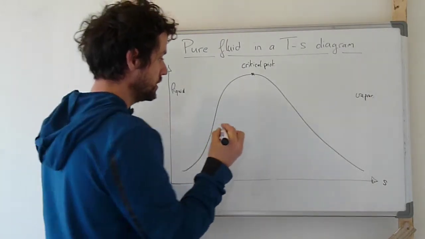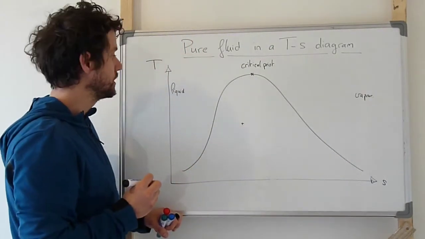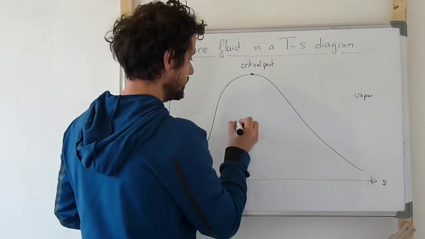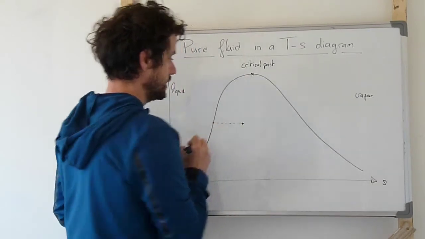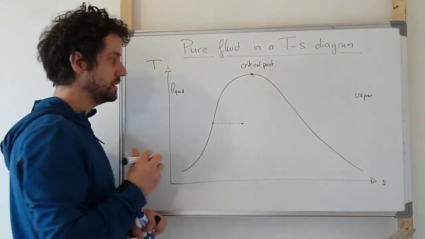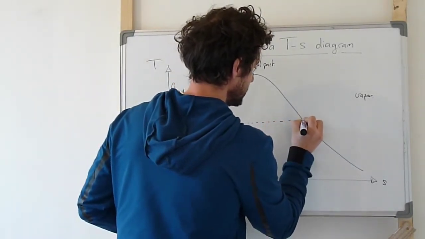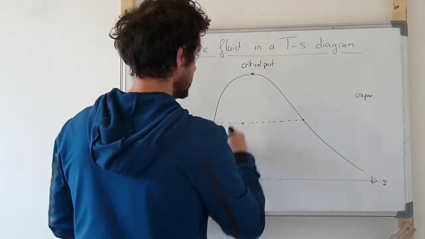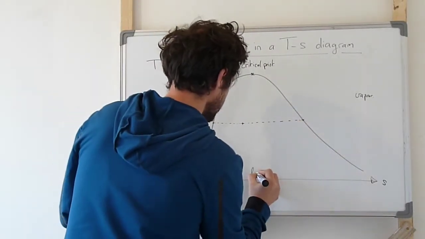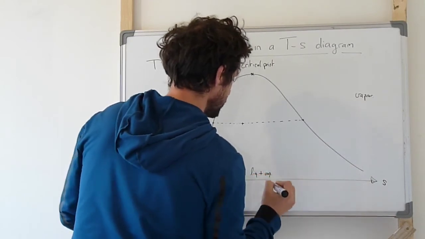So, for example, this point will consist of one fraction of saturated liquid in this state and saturated vapor in that state. Okay, so inside the bell, this is a mixture of liquid and vapor.